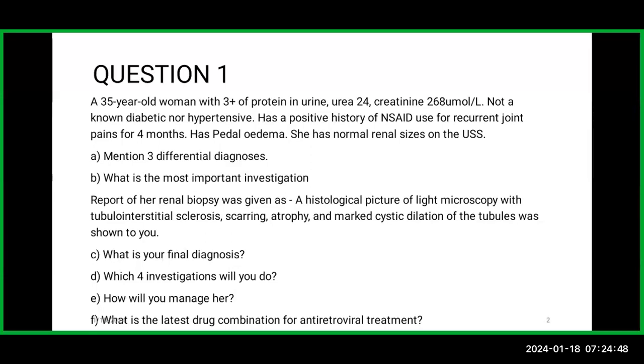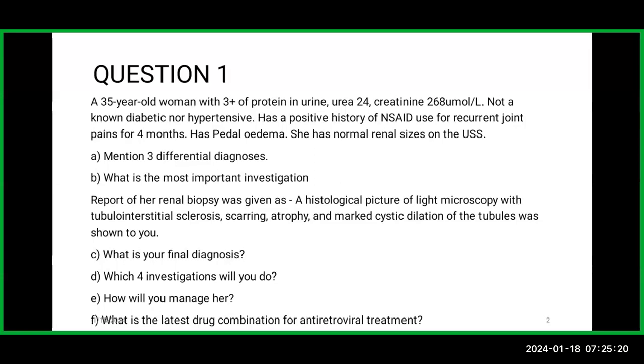So either you do a 24-hour urine collection for protein, or you do a protein or albumin creatinine ratio, which will give you some idea of that. Then you may also want to look at the person's serum albumin, and all that will point towards the presence of a nephrotic syndrome, or a glomerular disease manifesting as nephrotic syndrome.